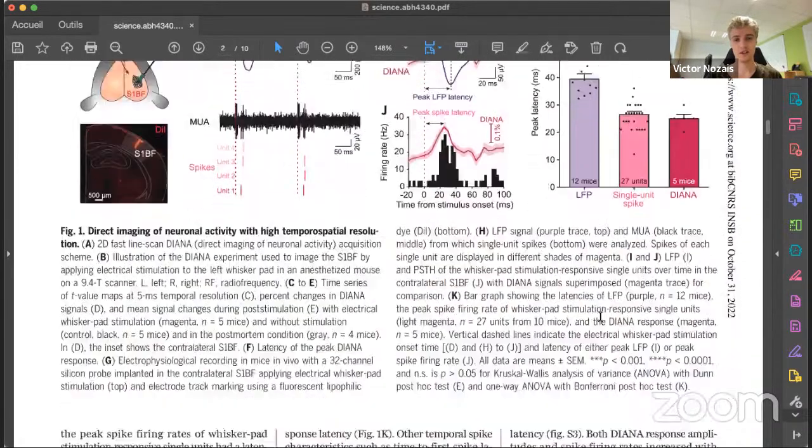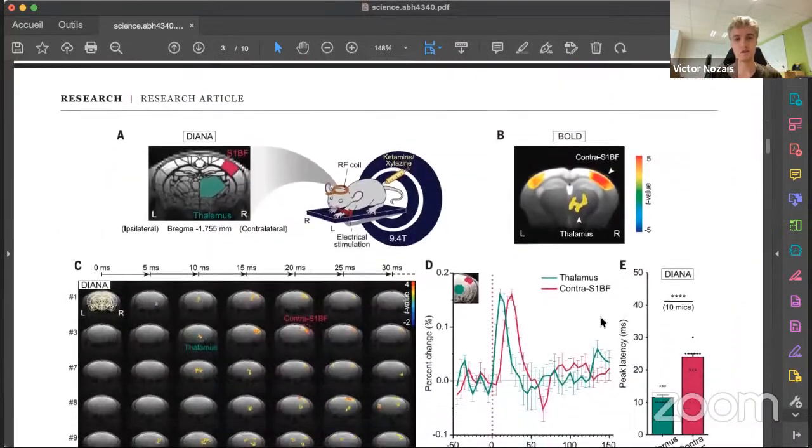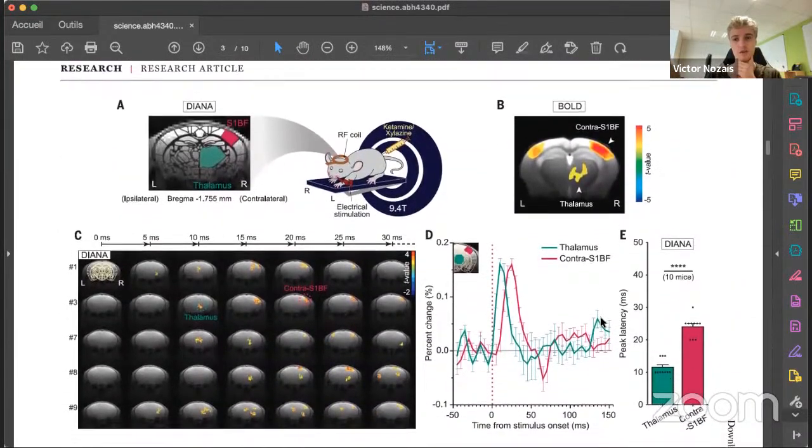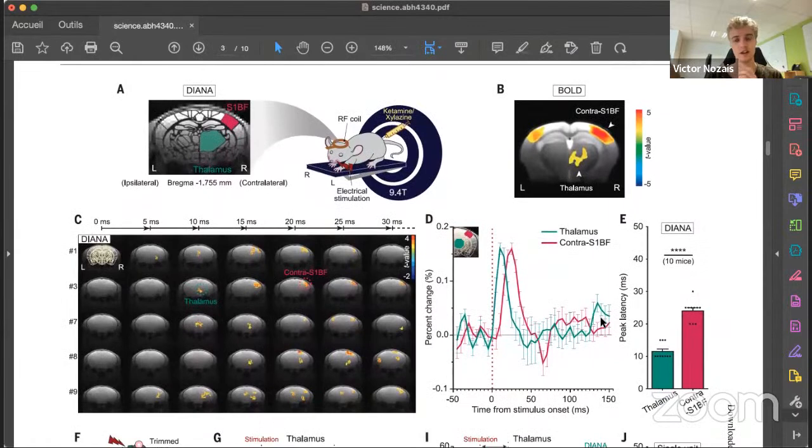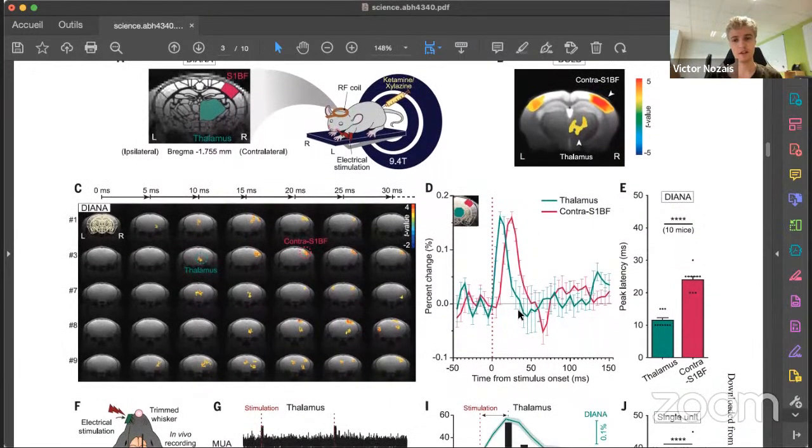So then another experiment they did was to say, okay, that's cool, but can we check also the thalamic response? So they took another slice with the thalamus and still the barrel cortex and checked what they got.